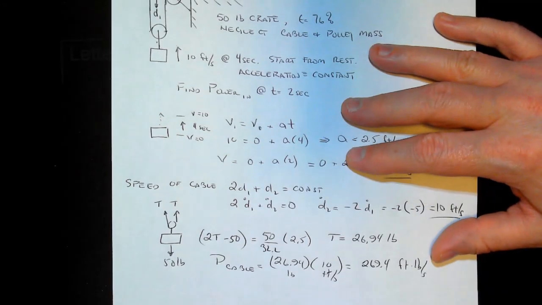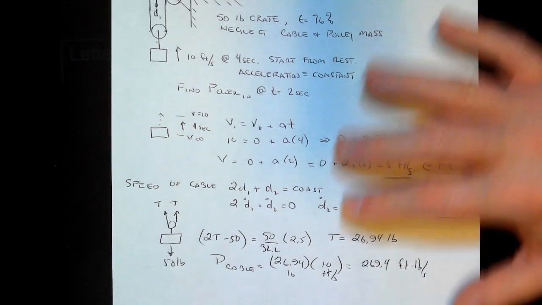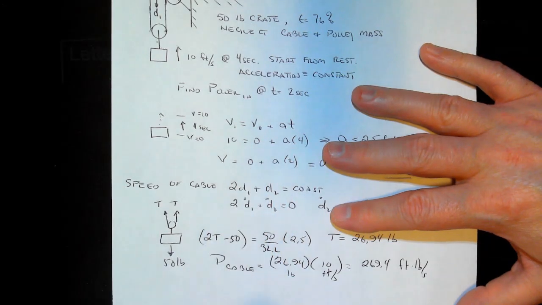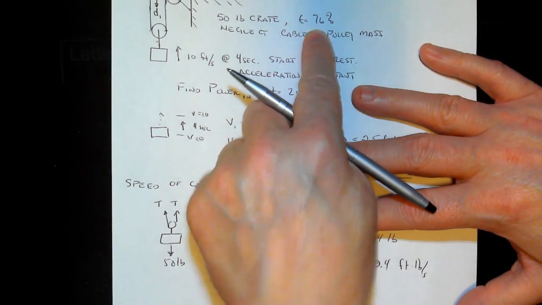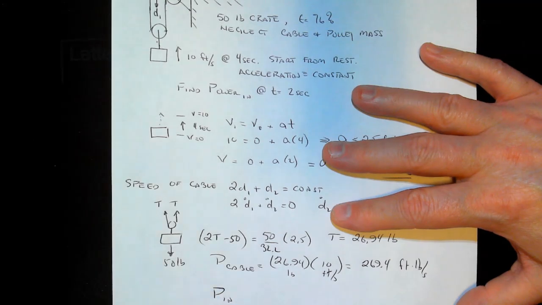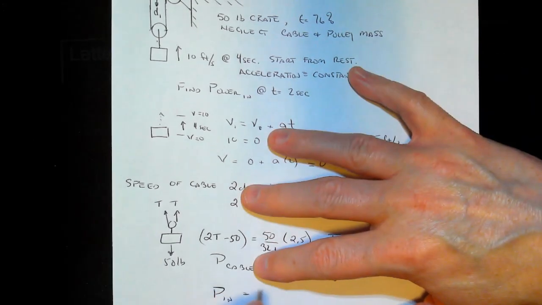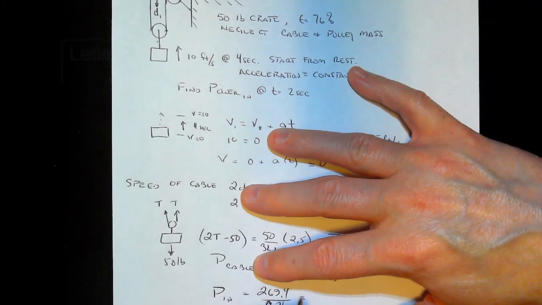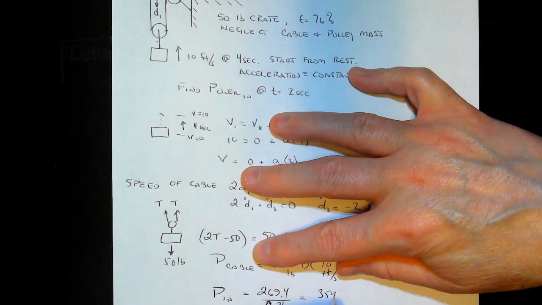No big deal. Okay, so how much power is required as input? Well, we have 76% efficiency. Power in is simply 269.4 divided by 0.76, which is 354.49 foot-pound per second.